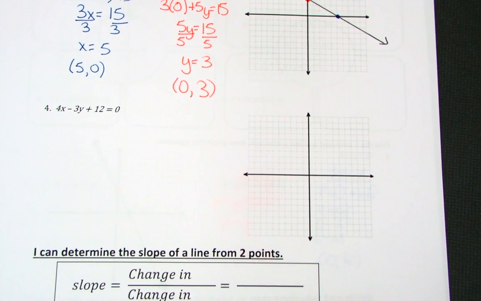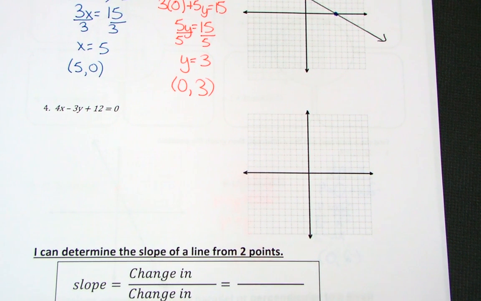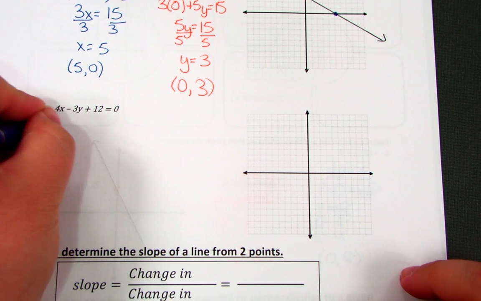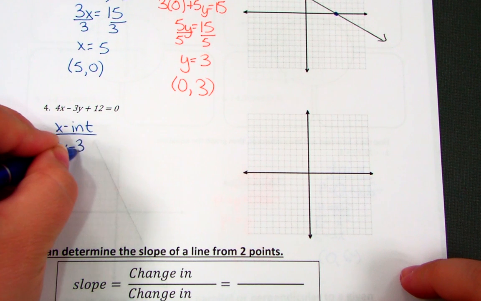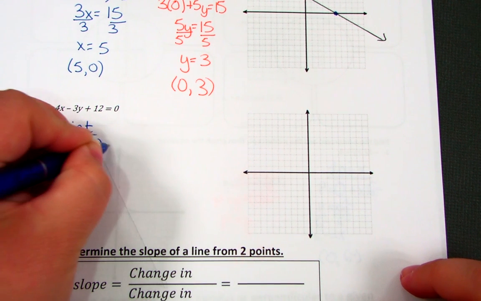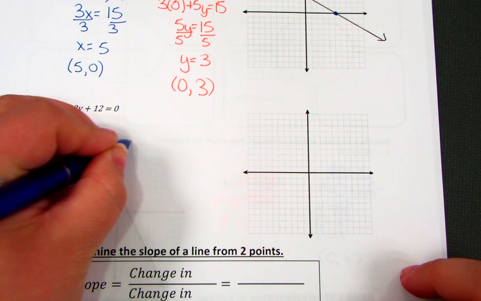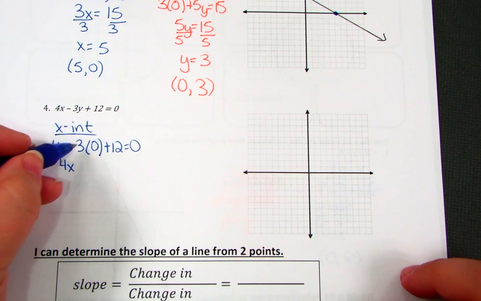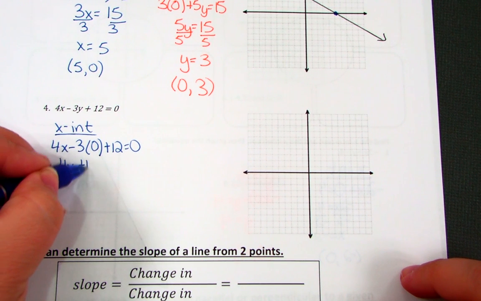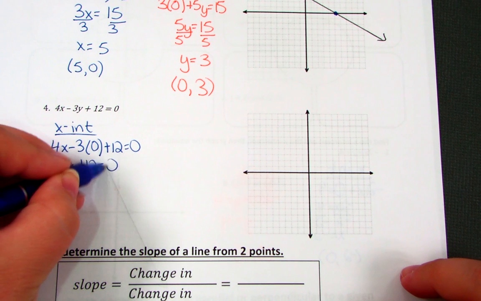Let's do one more. For the x-intercept, we put 0 in for y. So 4x minus 3 times 0 plus 12. 4x. 3 times 0 is just 0, so 4x plus 12 is what I'm left with.